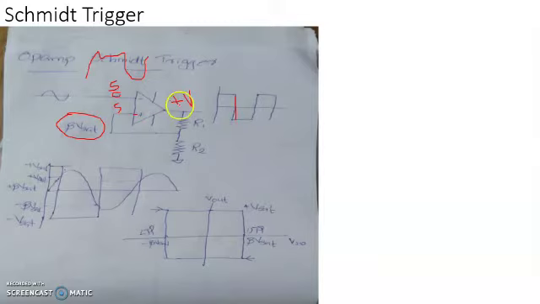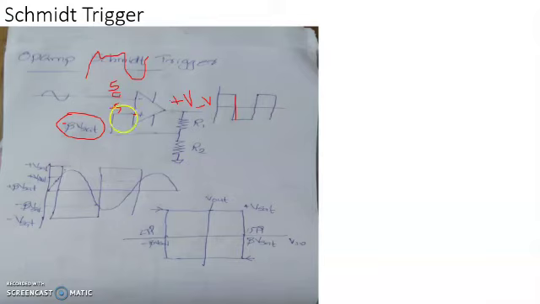Now the output is minus V saturation, so that the voltage at the non-inverting terminal becomes minus beta V saturation, or say minus 5. Now as the voltage of the sinusoidal oscillation increases past 5 volt, it reaches its peak value, say 8 volt. Then also this voltage is greater.